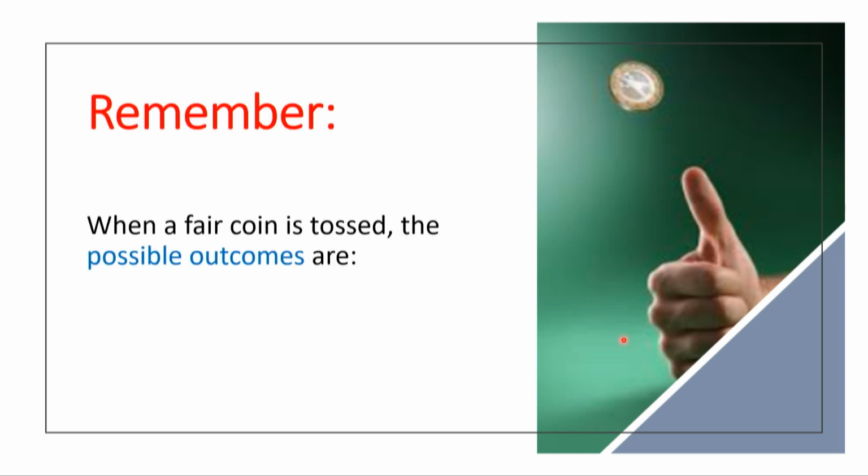So, we are going to learn how to draw the possibility diagram. Remember that when a fair coin is tossed, the possible outcomes are head and tail. You can either obtain a head or a tail. So this is for 1 coin. But in this example, we have 2 coins.